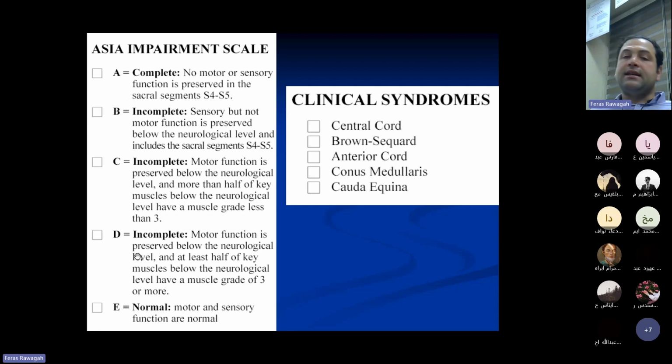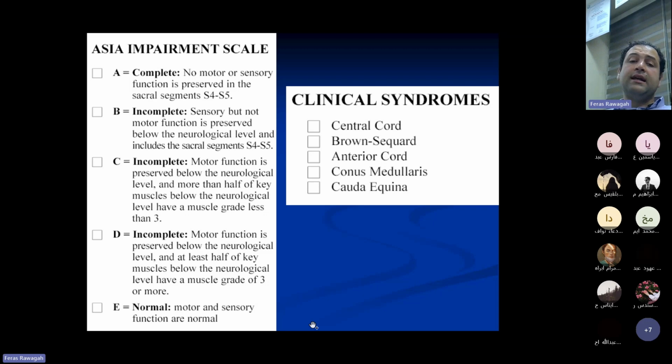What about C and D? C and D mean that the patient has weakness, but not complete paralysis below the level of injury, some weakness. So you just make an average of those movements. If the average is 3 and above, this is D. While if the average is below 3, this is C. Here comes a question. Why 3? Why power 3?